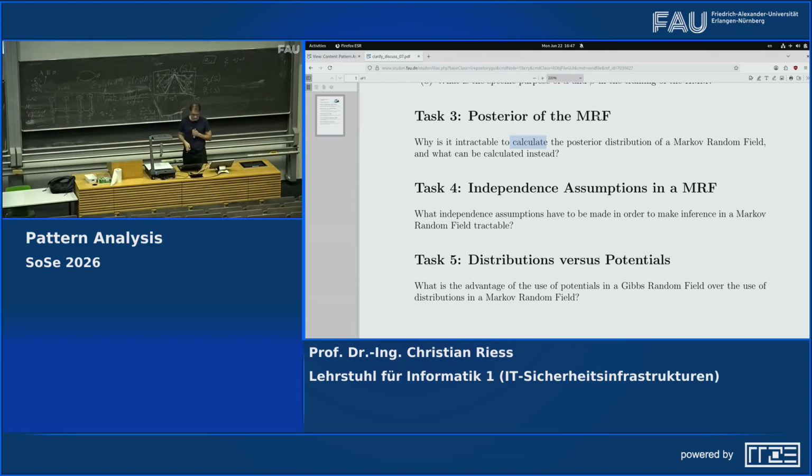The Gibbs sampling and also the graph cuts next week will not make an attempt to give the actual posterior distribution, but only the solution, the most likely solution, let's say. No? And with the Gibbs sampler, we have the additional problem that it's not globally optimal.